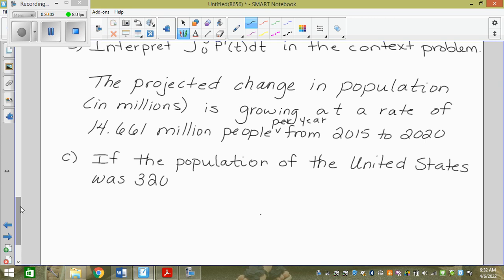Okay, if the population of the United States was 320 million people in 2015, the reason they say millions is so that when they fill in the formula, they don't have to write 320,000,000. I did this in grade 11 with skateboards.